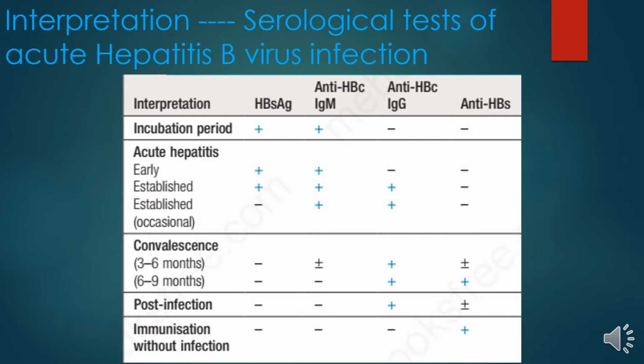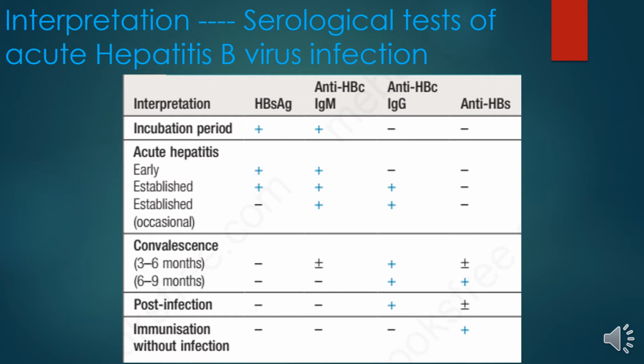In convalescence, during 3 to 6 months, the hepatitis B surface antigen disappears and anti-HBc antibodies of IgM type may be present or may be absent, but anti-hepatitis B core antibodies of the IgG type are present, and in 3 to 6 months they are also present with anti-HBs antibodies.